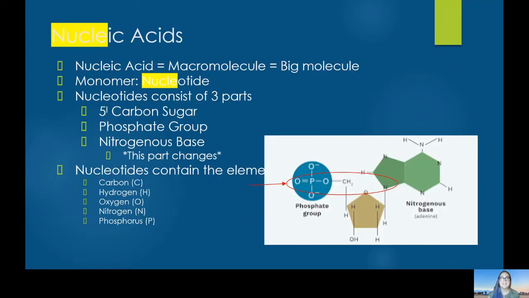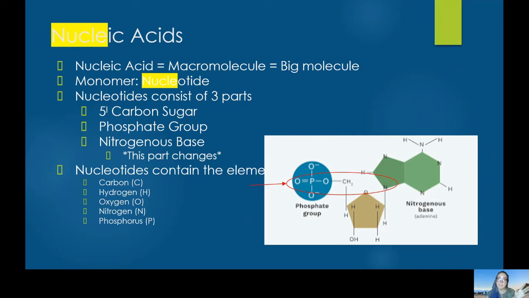Okay, so our nucleic acids are going to be composed of nucleotides. Monomers are nucleotides. So these building blocks of nucleic acids are called nucleotides, which should be easy. Nucleic acid, nucleotide, they kind of sound similar. And they're going to consist of three parts.